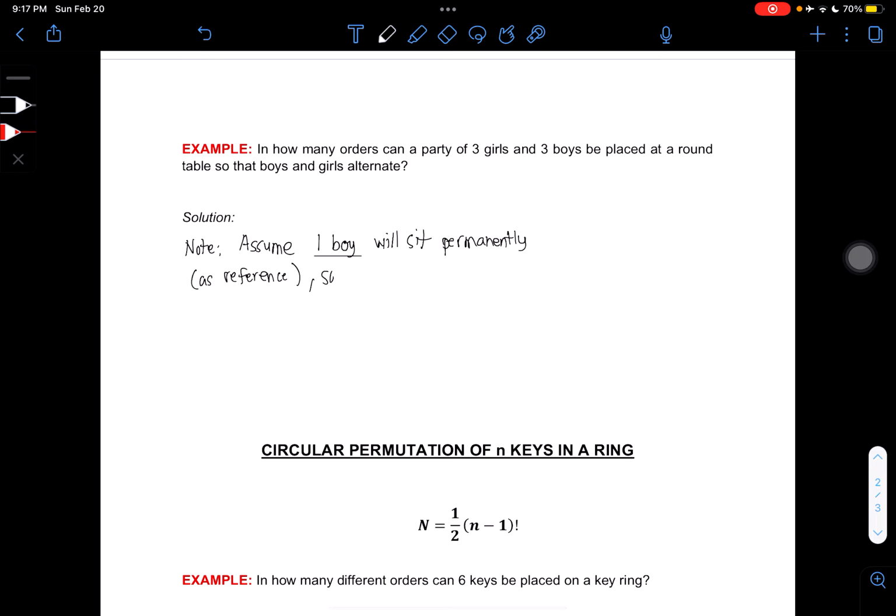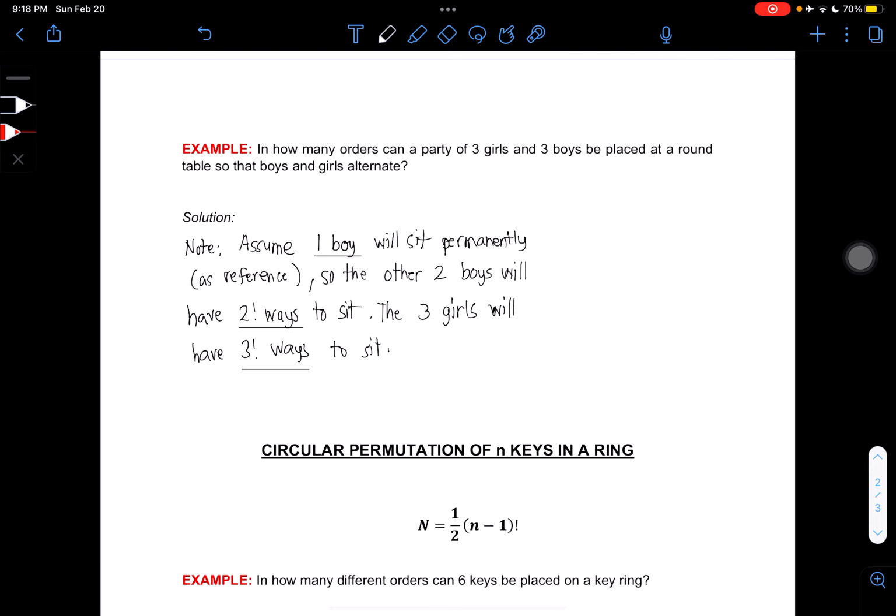The other 2 boys will have 2 factorial ways to sit, since we already took out the reference. And the 3 girls will have 3 factorial ways to sit. So we have analyzed the problem.